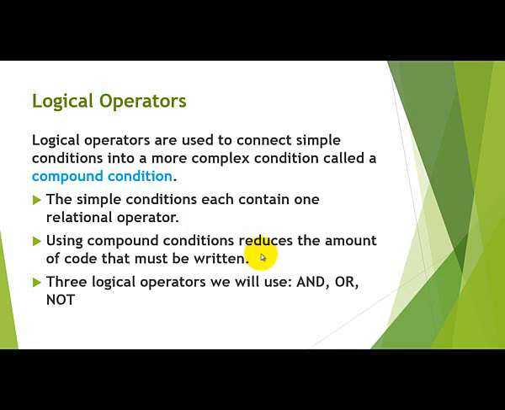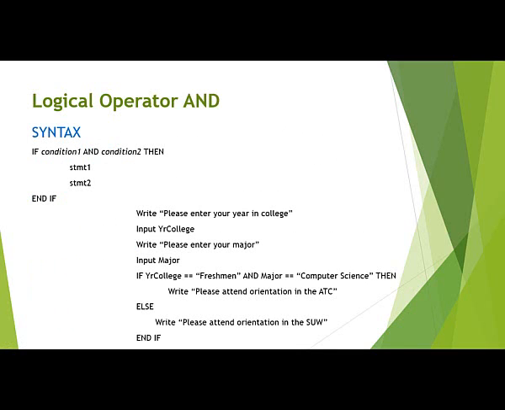So you don't have to say if it's greater than this and if it's greater than that, else if it's less than this. You can combine all of those into compound conditions using your logical operators. The logical operators are and, or, not. The ones that you're going to use the most are the and and the or. So let's explore those a little bit further.